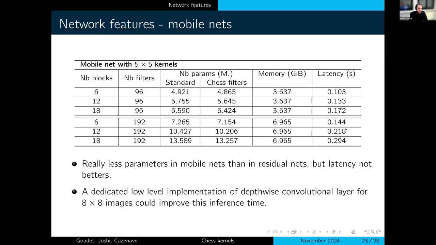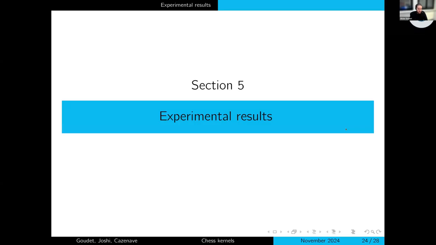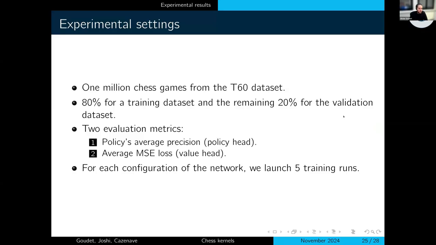I am now going to present the performance of these different types of network with or without the use of chess kernels. For these experiments, we recovered a database of games played by Lc0 against itself. We kept 80% for training and 20% for validation.